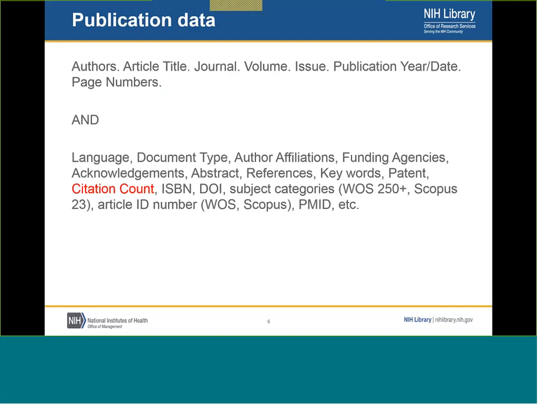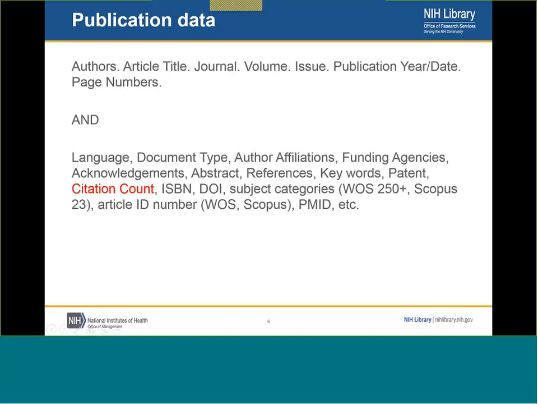Okay. And just a quick reminder about publication data. So usually we will see authors, article title, journal, volume, publication date, things like that. But when we pull out the data from the vendor database, we're going to see a lot more.